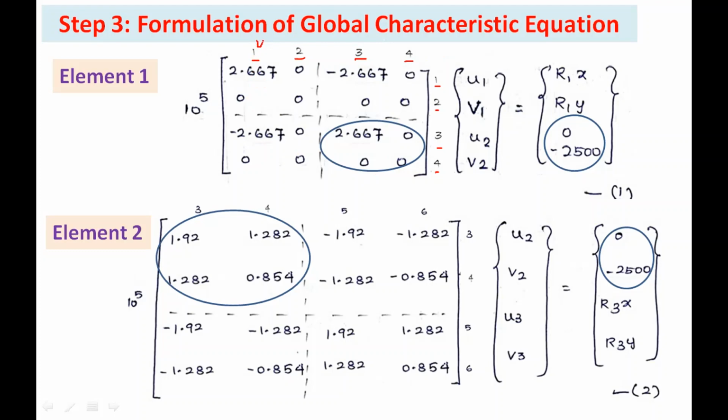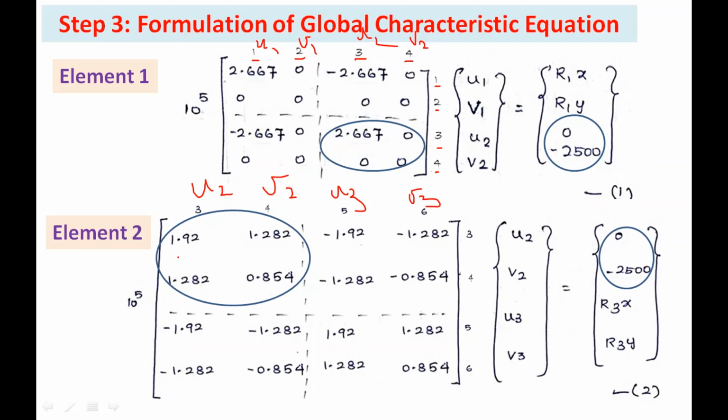This is used for U1. The second number denotes V1. Third is U2 and the fourth one is V2. So for each degree of freedom, we get one row and one column. In the second element, we have 3, 4, 5, 6, because here U2 is 3, so the same number we are using, V2 is 4, this is U3 and this is V3.